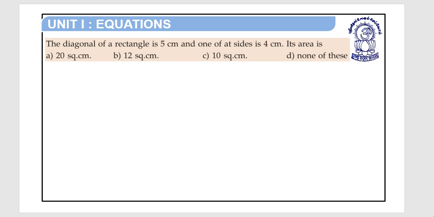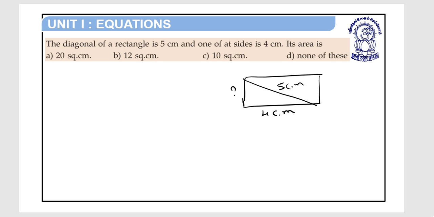Next, the diagonal of a rectangle is 5 centimeter and one of its sides is 4 centimeter. Now find the other side.